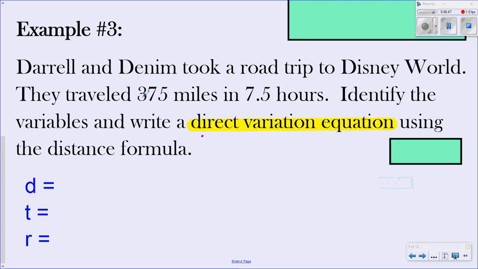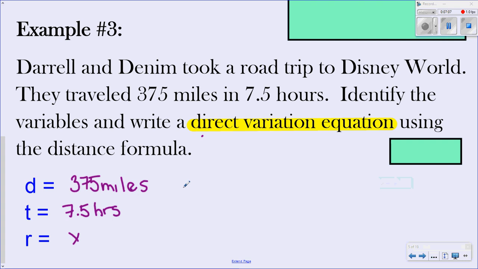So we're going to plug in the information that they gave us. They traveled 375 miles, so that's the distance. And then they did that in 7.5 hours. That's the time. Then we have to find the rate.